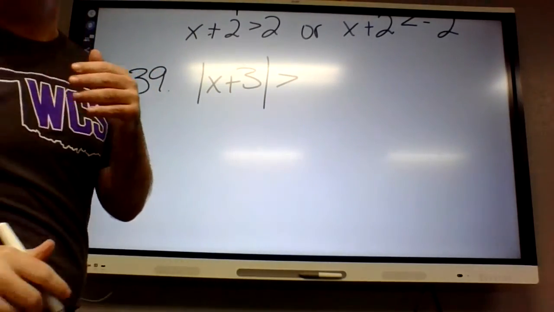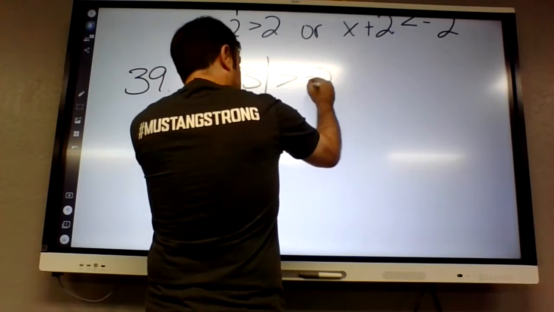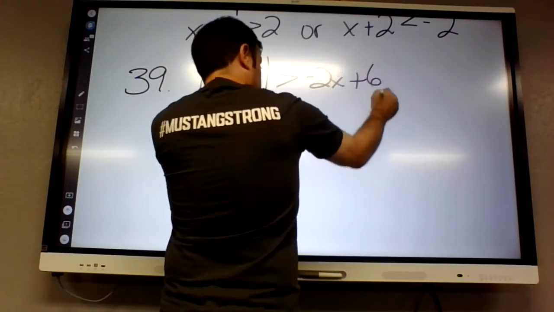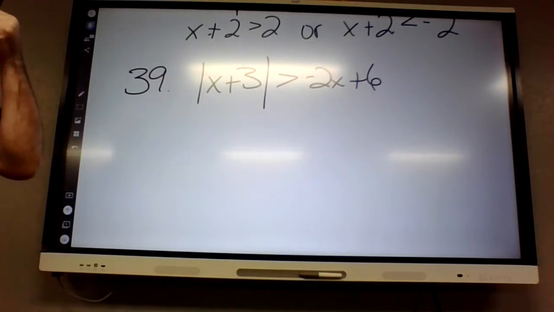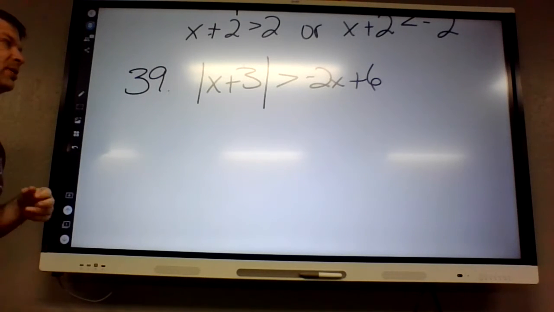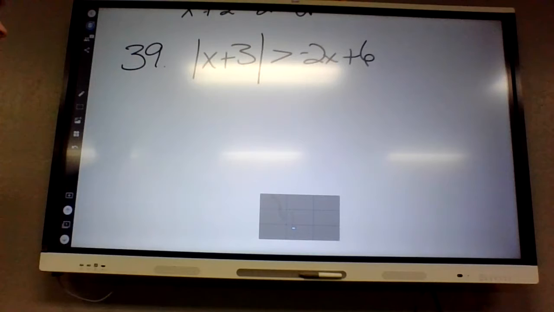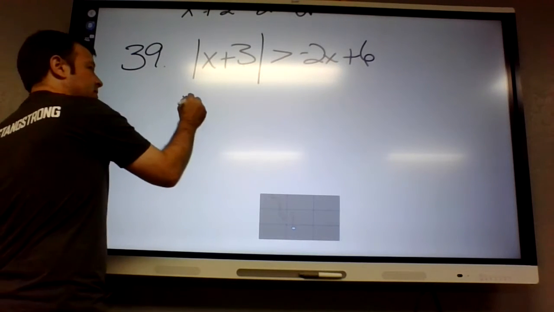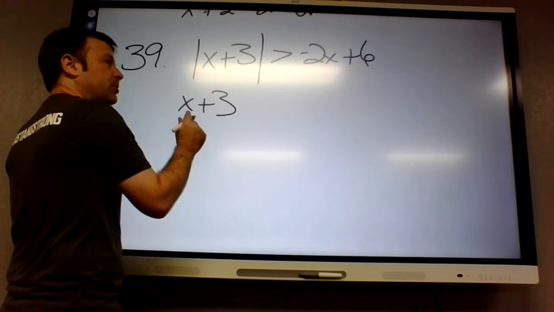Let's see, it was negative 2x plus 6. Okay, kind of like what we just talked about. It's an absolute value greater than problem. And how do we set up greater than? Set it up as two separate ones, right?